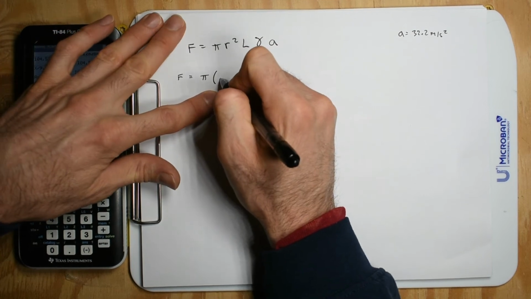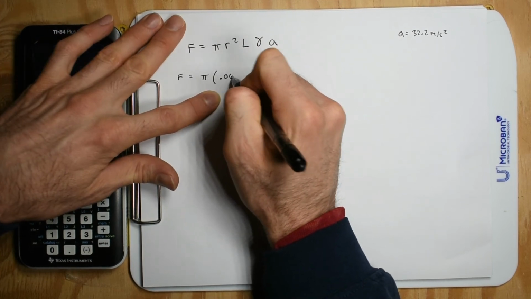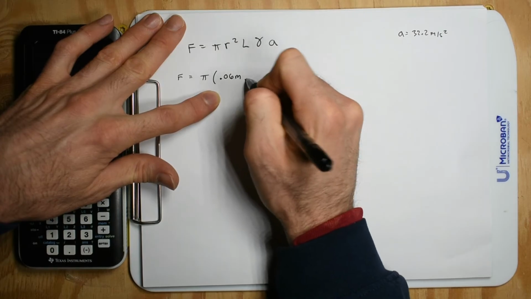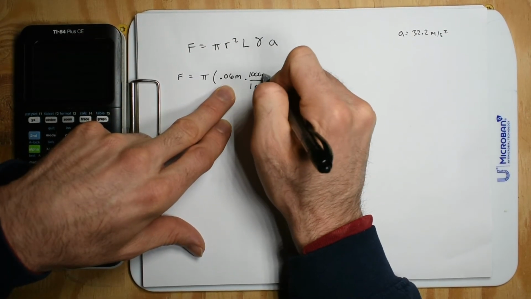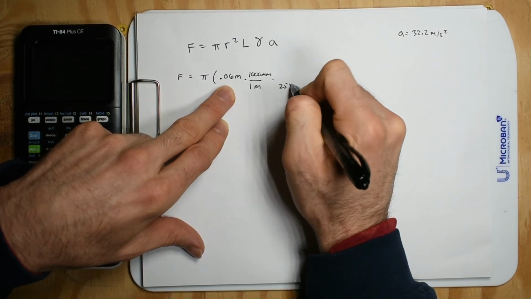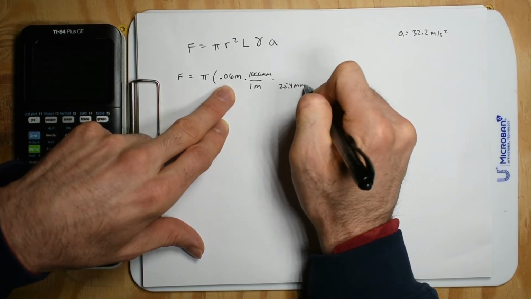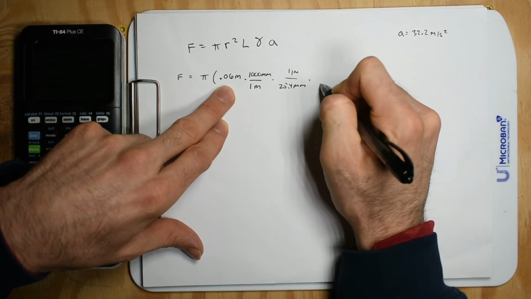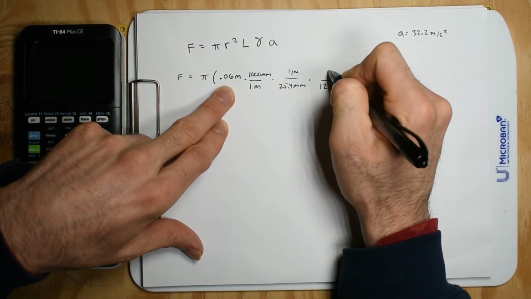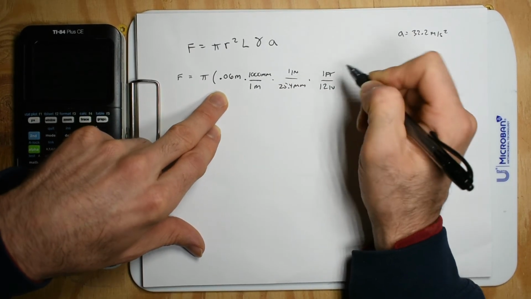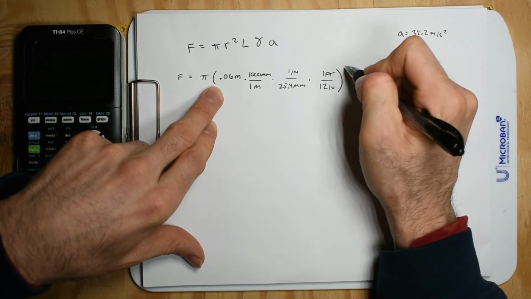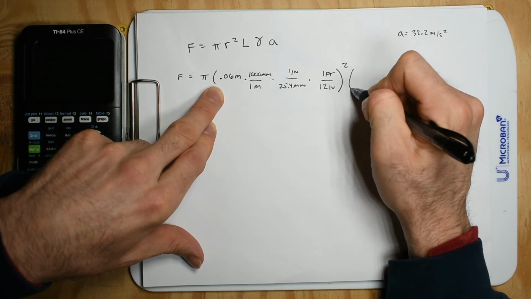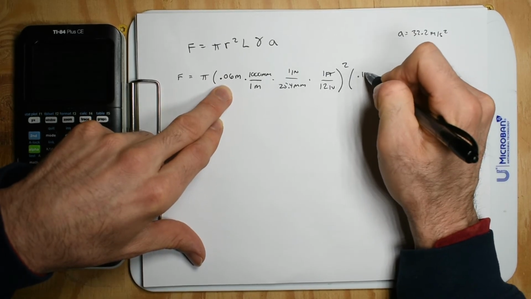You're going to have 0.06 meters. And we're going to say times 1 meter is 100 millimeters. Times 25.4 millimeters is 1 inch. Times 12 inches is 1 foot. So now we just converted this to feet. And then we're going to square it. Now we're going to multiply it by its length, 0.12.